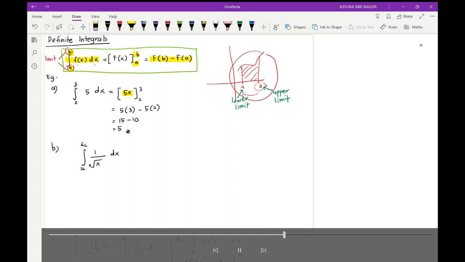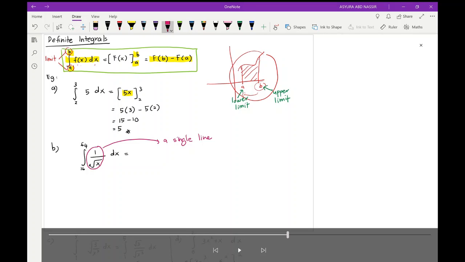Integrate 1 over the fourth root of x dx from 16 to 64. Firstly, you will modify the function. Make sure to modify the function into the form of a single line.